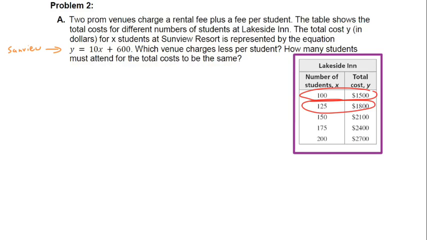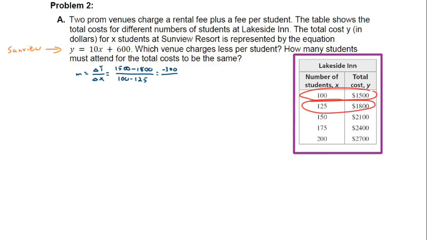To find slope, remember that's the change in y divided by the change in x. So just subtract your y's, divided by subtract your x's. That's 1,500 minus 1,800 over 100 minus 125. Well, 15 minus 18 is negative 3, so it's negative 300.